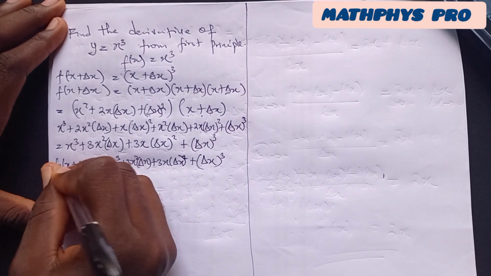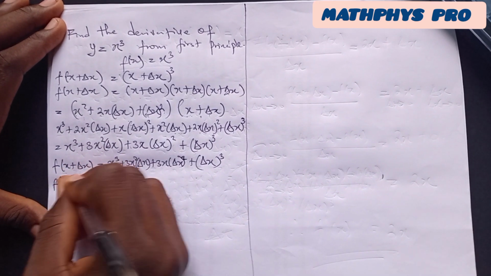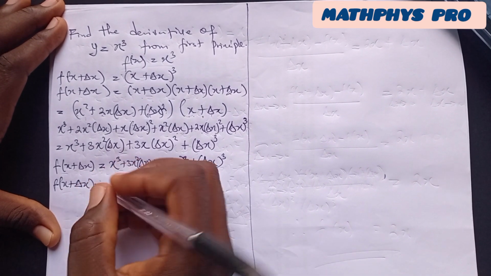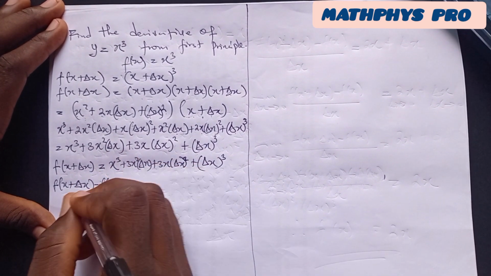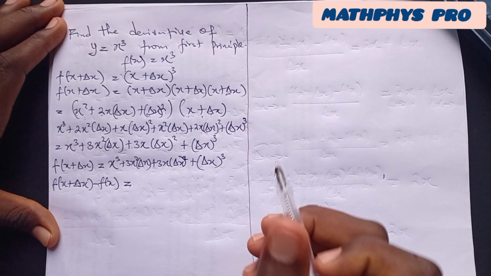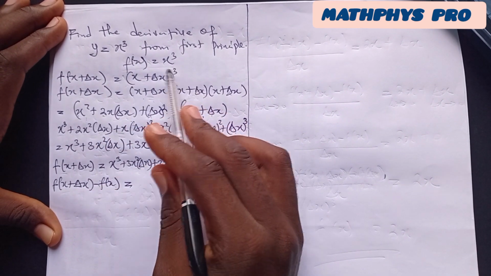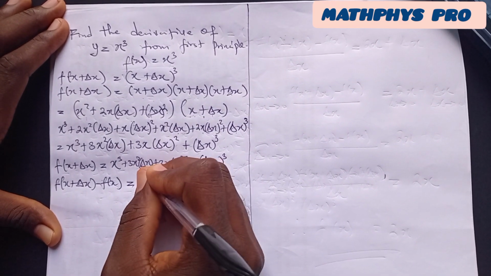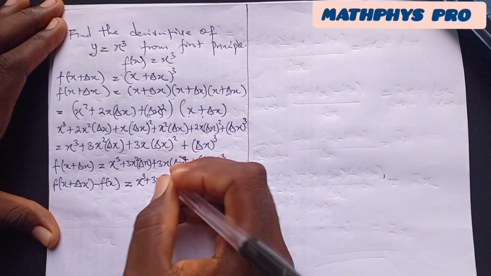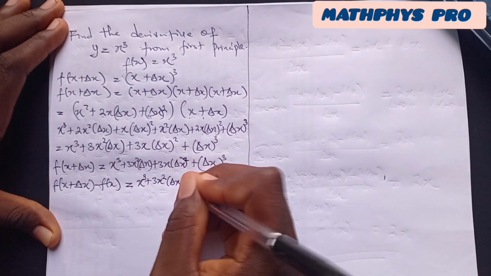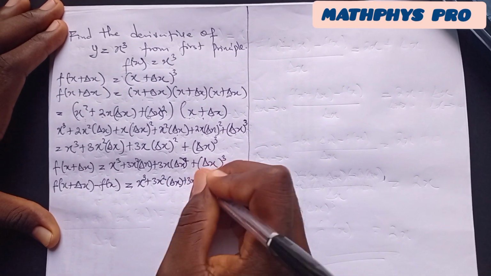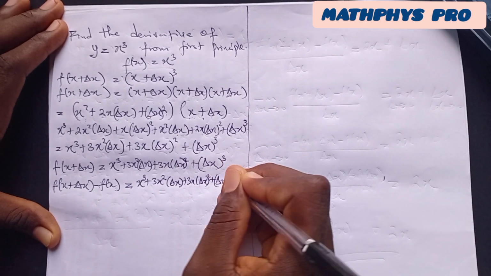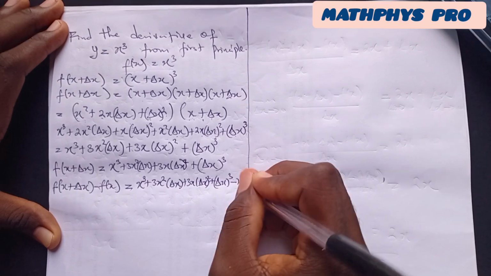So we have f of x plus change in x minus f of x equal to, and we know that f of x on the right hand side is equal to x cubed, so x cubed plus 3x squared change in x plus 3x change in x squared plus change in x cubed, then minus x cubed.